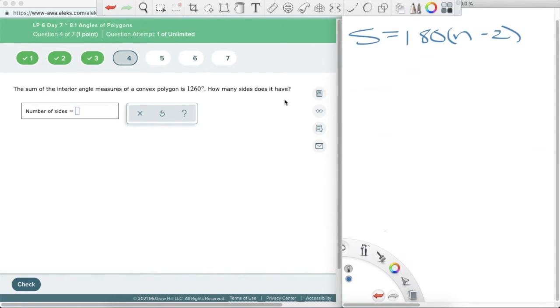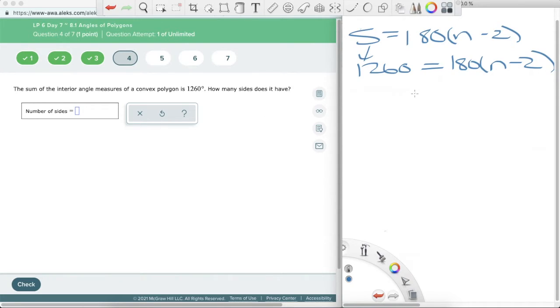In the last one, we knew the number of sides and solved the right side to figure out the left side. This time, they're telling us what the total is and asking us to find n. So we fill in what we have, and then solve for the remaining variable. They may give you the number of sides, or they may give you the total sum, just like they did here.